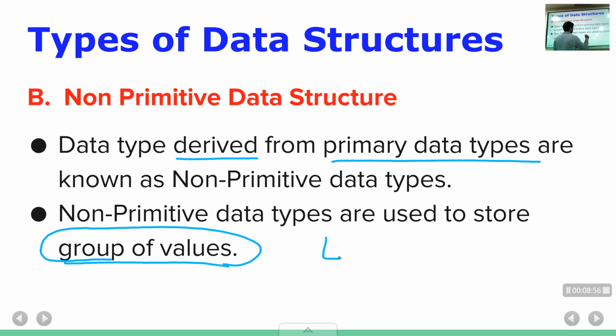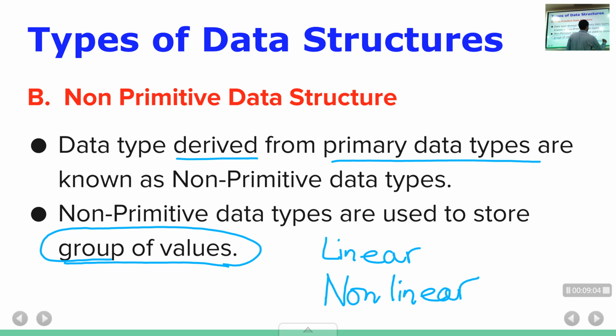Non-primitive data structures can be further divided into linear data structures and non-linear data structures.